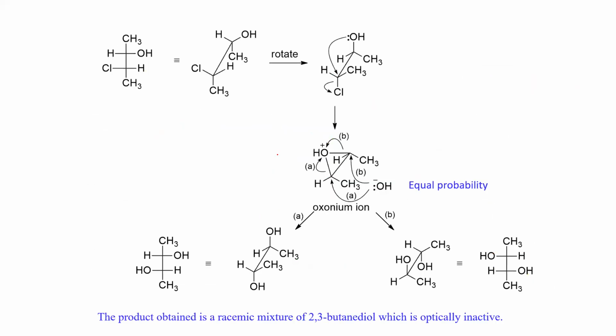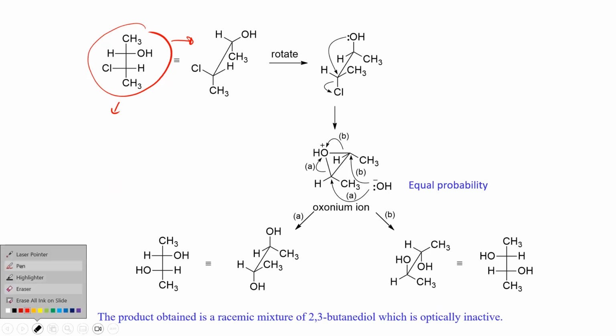The reason I explained these Fischer projections is because if only this one is given, you should be able to draw this molecule. We can draw this molecule as CH3, that's the vertical line, and it's going down, going away from you. Let me draw this again.